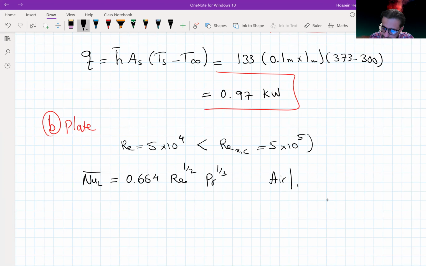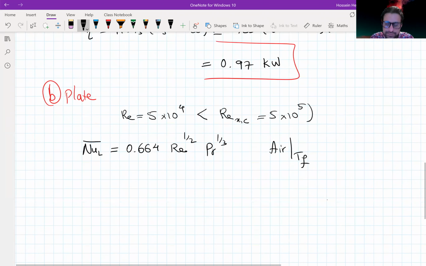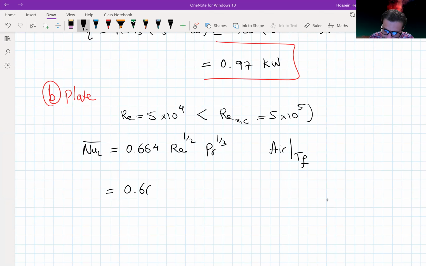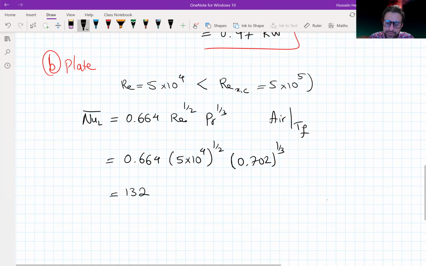And for air at TF, we know all the properties that we need. So the Nusselt number is 0.664, 5 times 10 to the power 4 to the power of half, and Prandtl is 0.702 to the power of 1/3. This is going to give you 132, which is average hL over k.